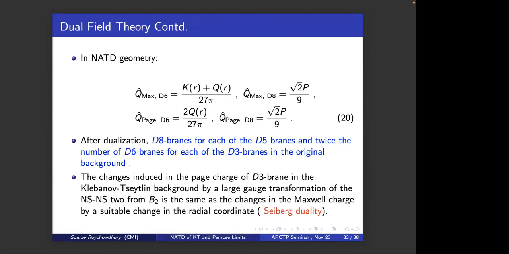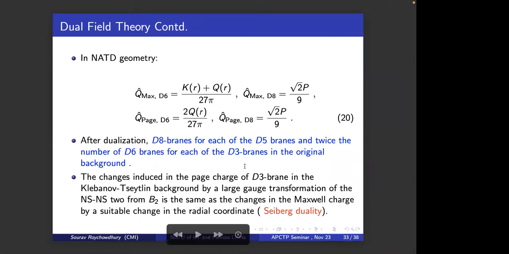Now the Swansea people observe that there is also some Seiberg duality present in the T-dual picture. For the original AdS5, the original Klebanov-Tseytlin background, we have a Seiberg duality. In the geometric sense, if you consider the D3 brane Page charge and introduce a large gauge transformation on the B2, it induces some charge in the D3, meaning the D3 brane charge gets changed.